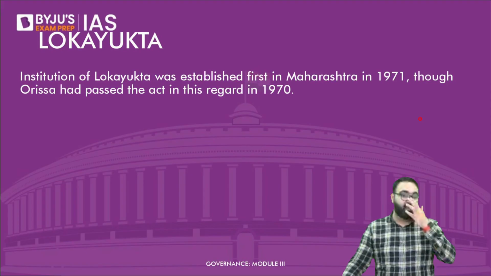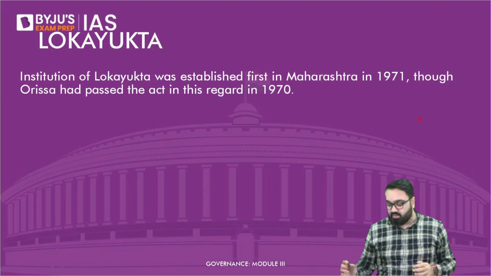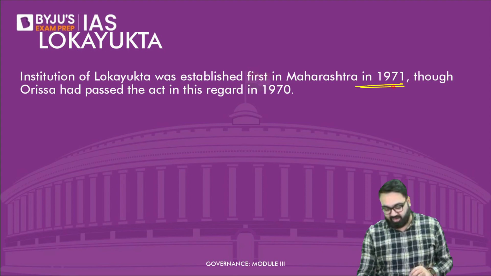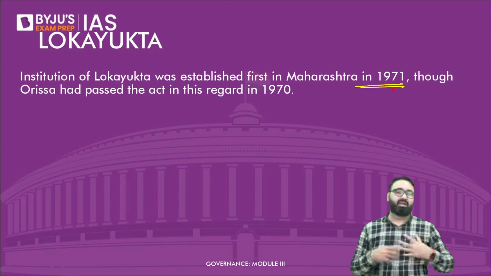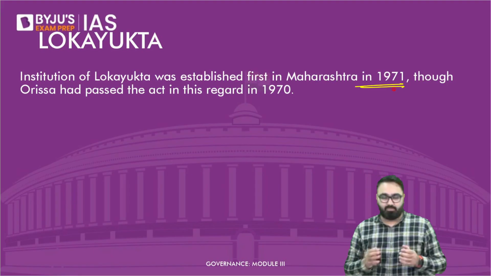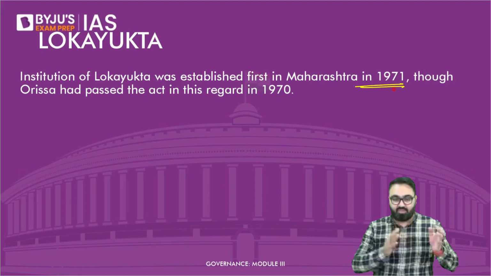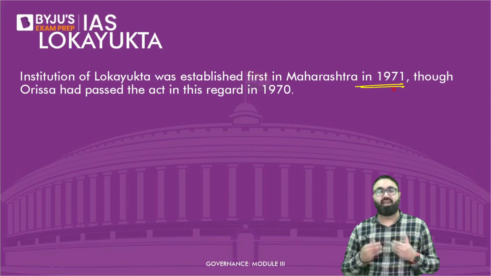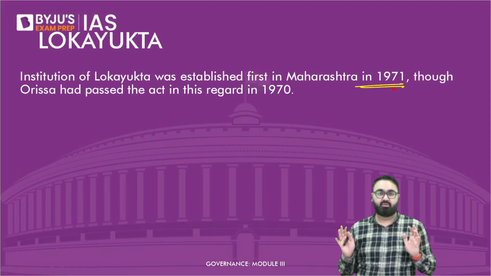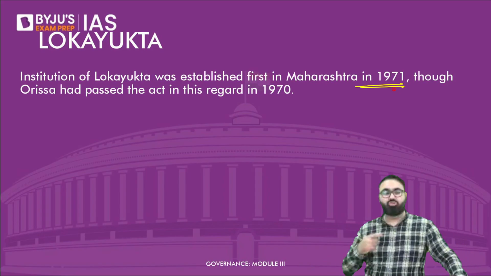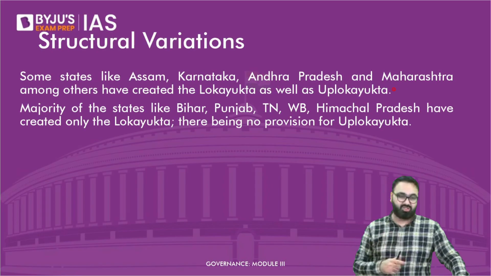For example, Maharashtra had a Lokayukt, the first state in India to have one, as far back as 1971. Odisha had passed a law in 1970. So many states in India already had a Lokayukt much before the Lokpal Act was passed.